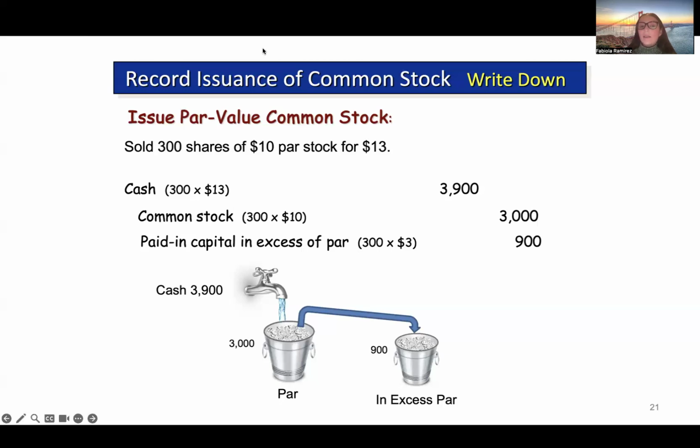And that is the difference between the par value stock and the market price of the stock that we just sold. So in this case, the corporation will credit $3 per share into the paid in capital in excess of par account. And that will be your normal plug account in your journal entries.